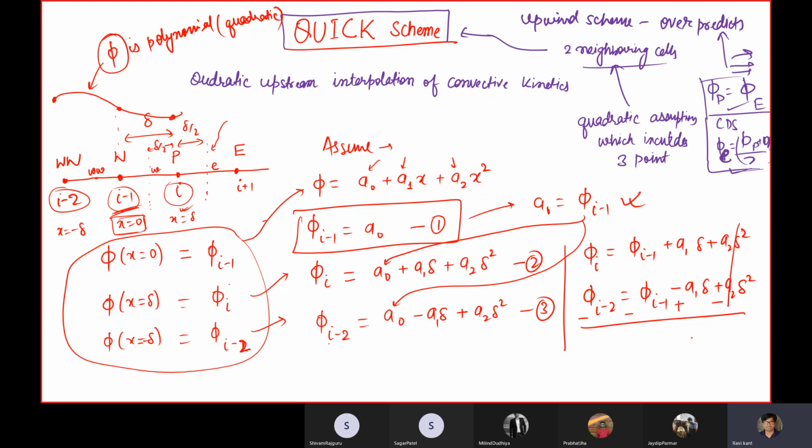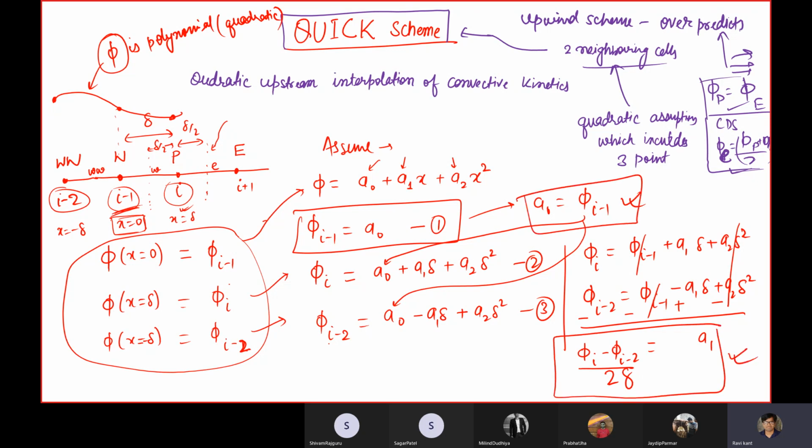So this is 2 a1 delta, and the other terms go. 2 a1 delta is equal to phi I minus phi I minus 2, so a1 is that divided by 2 delta. Now the a1 coefficient has also been estimated.